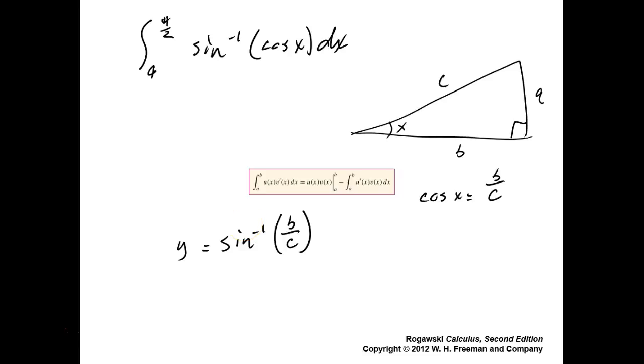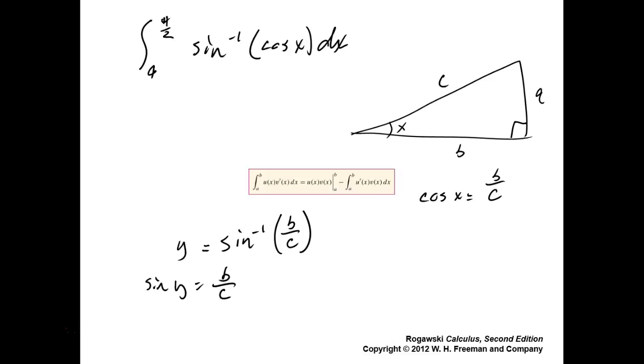Now express that in a different form. y is equal to the inverse sine of B over C. That would be the same as saying the sine of y is equal to B over C. Y is some angle.